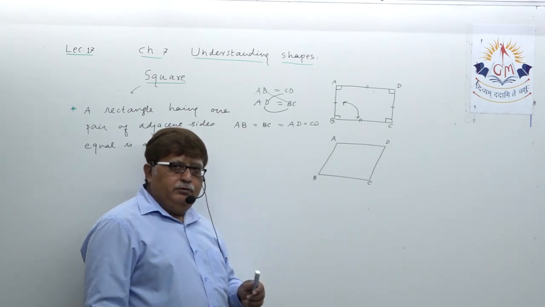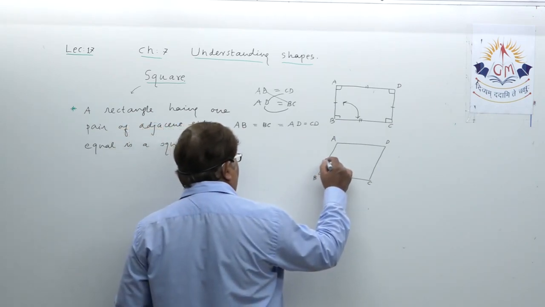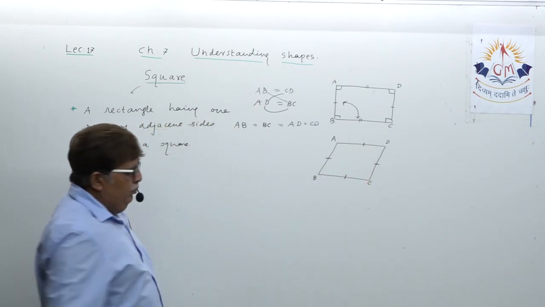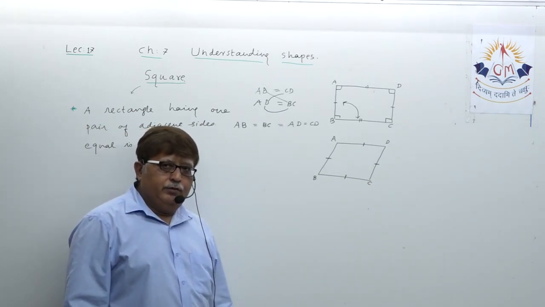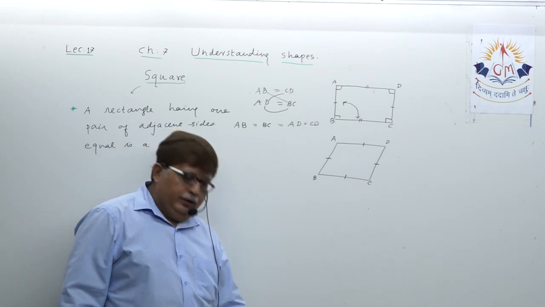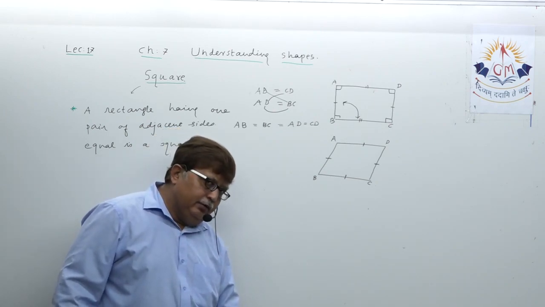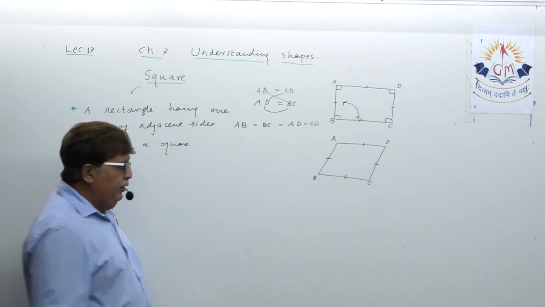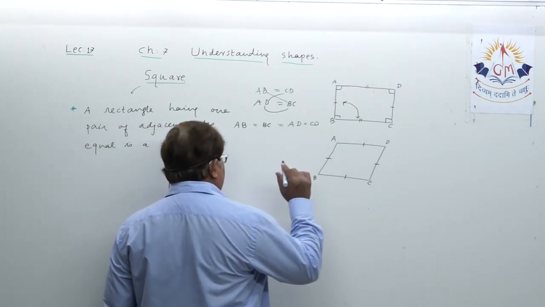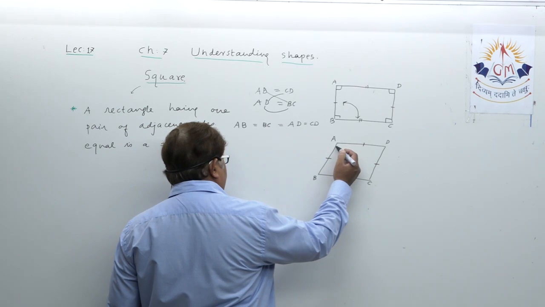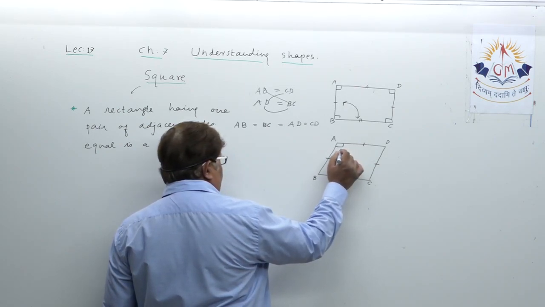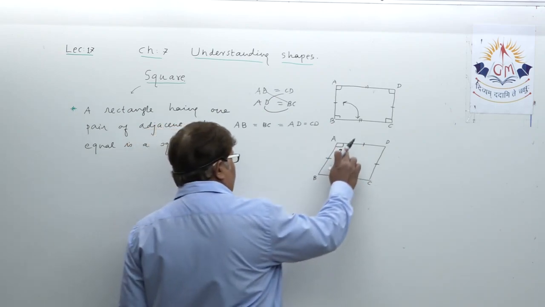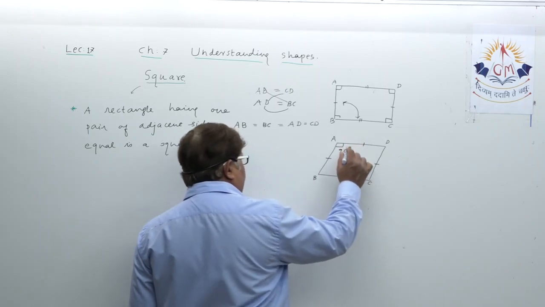Rhombus has all sides equal, which is also the important property of square. But what is the difference? In square, all angles are equal. You understood this? And all angles are right angle. Now in this, dear student, if I just take one angle 90 degree, I am able to prove all angle 90 degree.